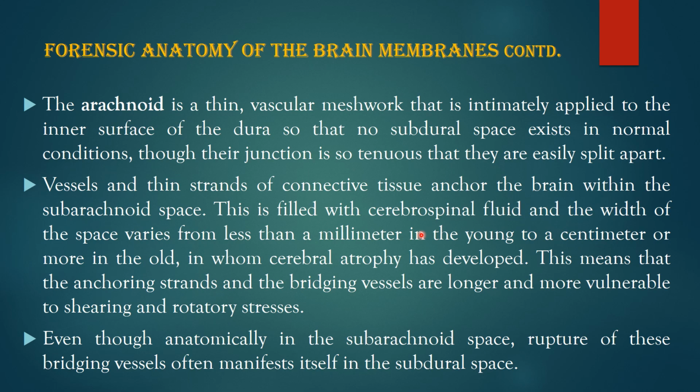In cerebral atrophy, the brain gets smaller, so this subarachnoid space increases. So what happens in older persons? The bridging vessels within the subarachnoid space are stretched. If they're stretched, they are more vulnerable to shearing and rotatory stress. Thus, subarachnoid hemorrhage is more common in older individuals.